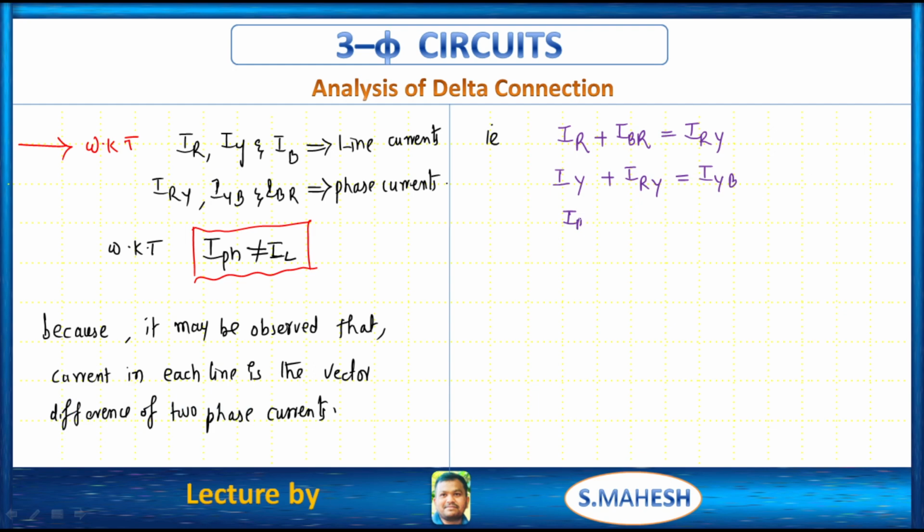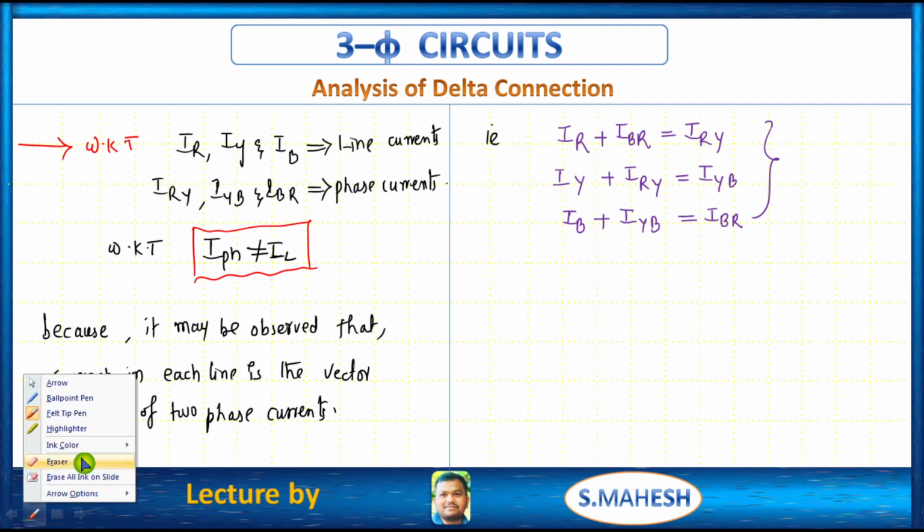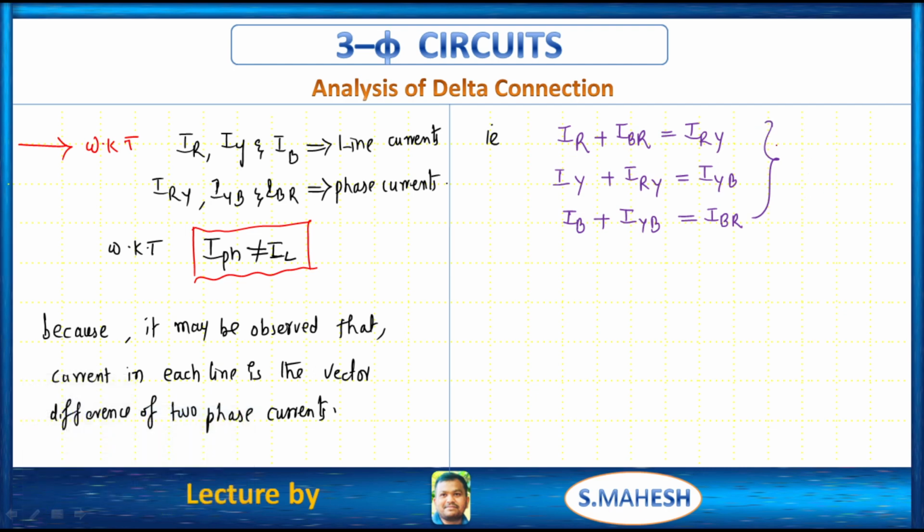Like that, IB plus IYB is equal to what? IBR. Okay, this is the observation from the different nodes, by KCL at R, Y and B points.